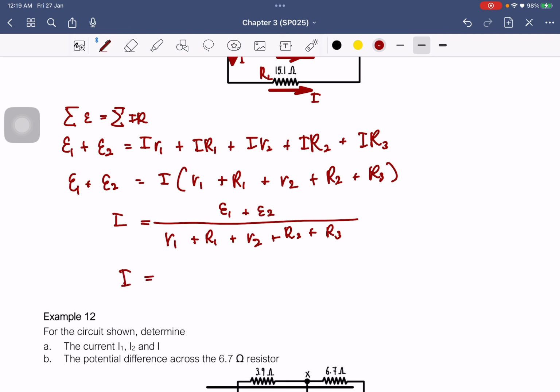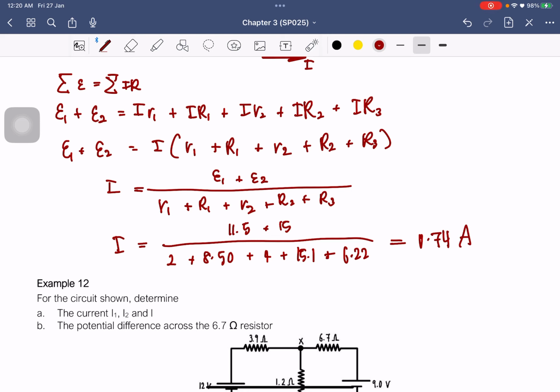So this is 2 plus 8.5 plus 4 plus 15.1 plus 6.22. E1 plus E2 is 11.5 plus 15, so the current will be equal to 0.74 ampere. Okay, so this is how you apply Kirchhoff's law in a problem.